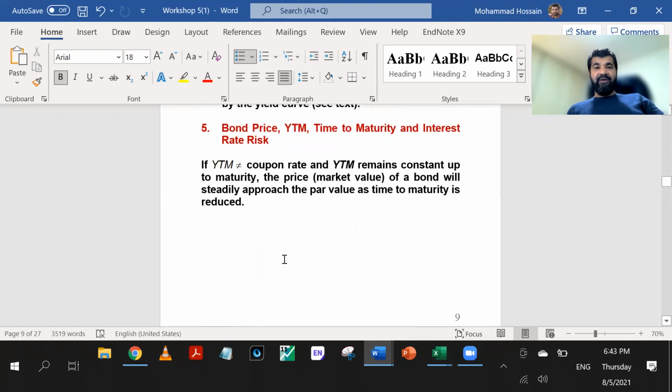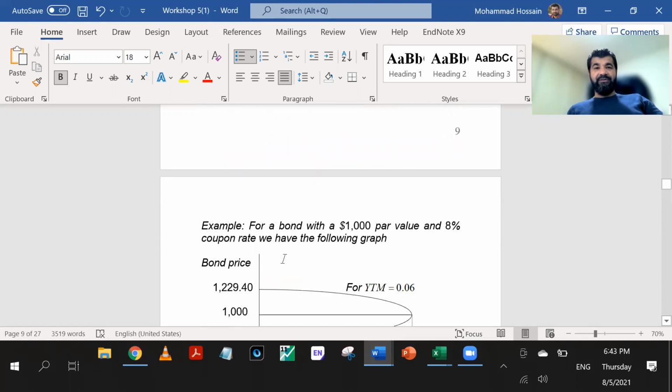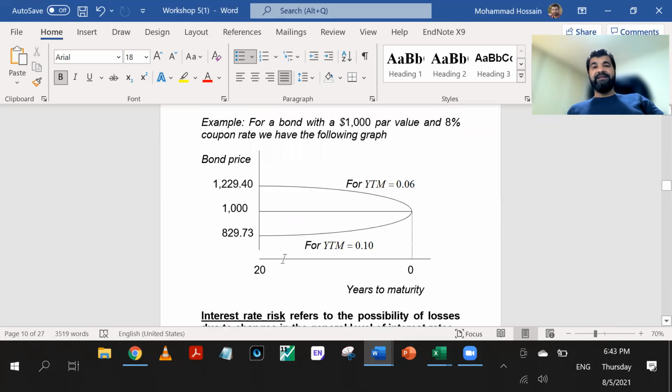Now I think we have one solved question in here. Here they show the inverse relationship. For a bond with $1,000 par value and 8% coupon rate, we have the following graph. The $1,000 is in here. We take up the bond, and at one stage it will go up, it may go down.